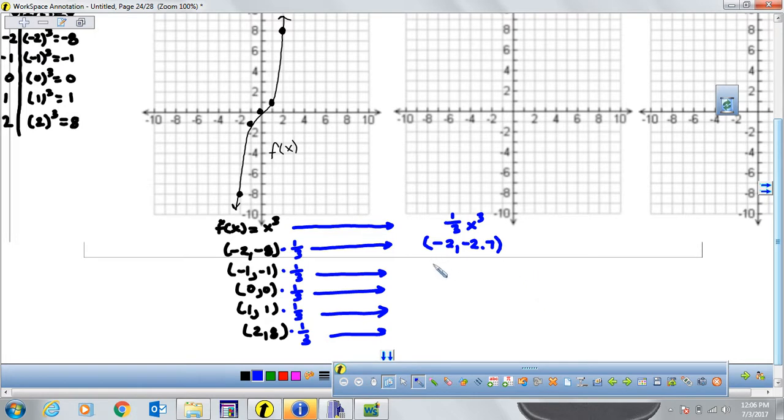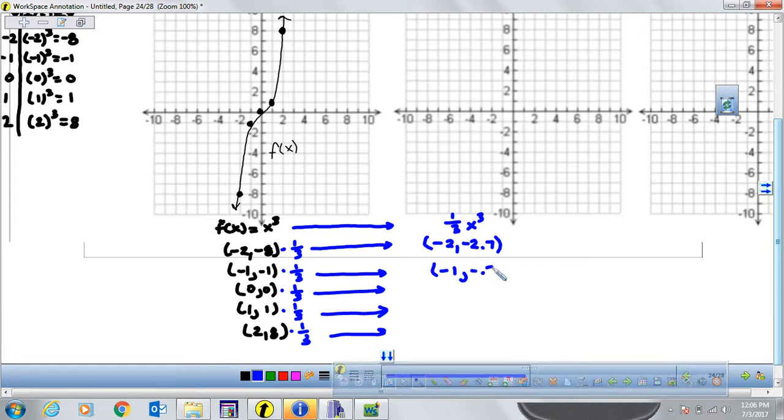The next one is -1 comma, then -1 times 1/3 is -0.3. The next one, 0 comma, 0 times 1/3 is 0. Then 1 comma, 1 times 1/3 is 0.3. And the last one is 2 comma, 8 times 1/3, which is 8/3, or 2.7. So that creates my second transformation.